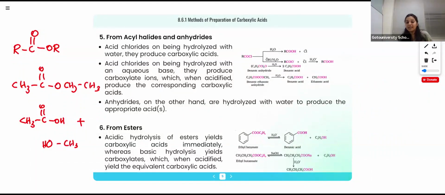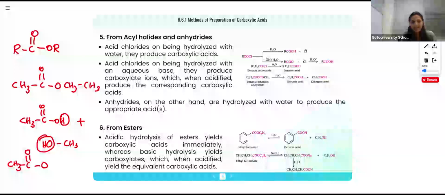What is esterification? Here we are removing water. So combine the remaining things. Then what is the product? CH3, C double bond O. No change here, this oxygen is still there. This hydrogen is removed, and this OH group is also removed as water. Then this oxygen will connect to this CH3 group.